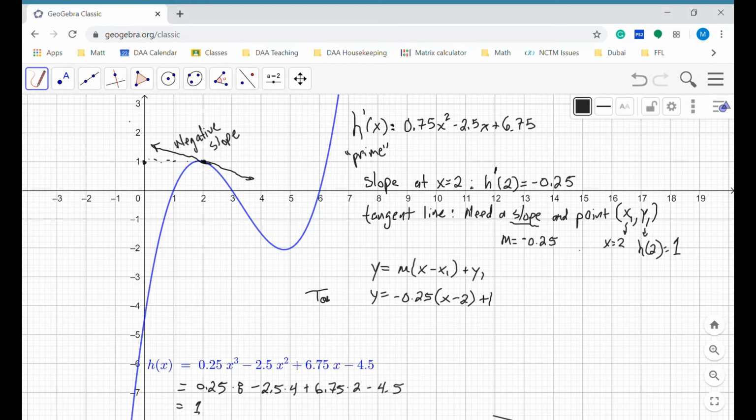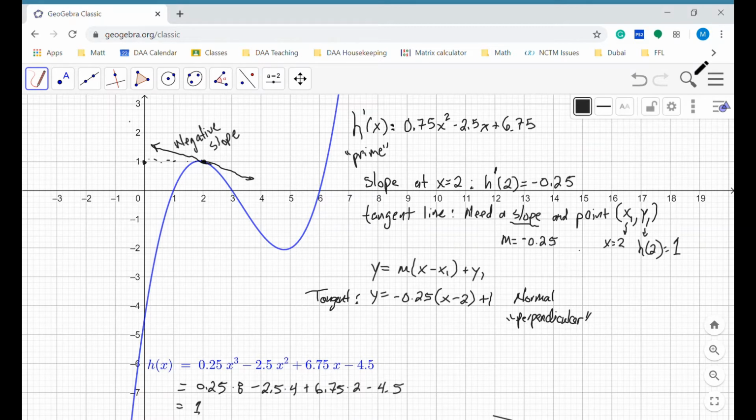Now another common question is maybe they want the normal line. Normal again is just perpendicular. So we've done this before. If you're given a parallel slope, or if you want to find the perpendicular line, you just do the opposite reciprocal.